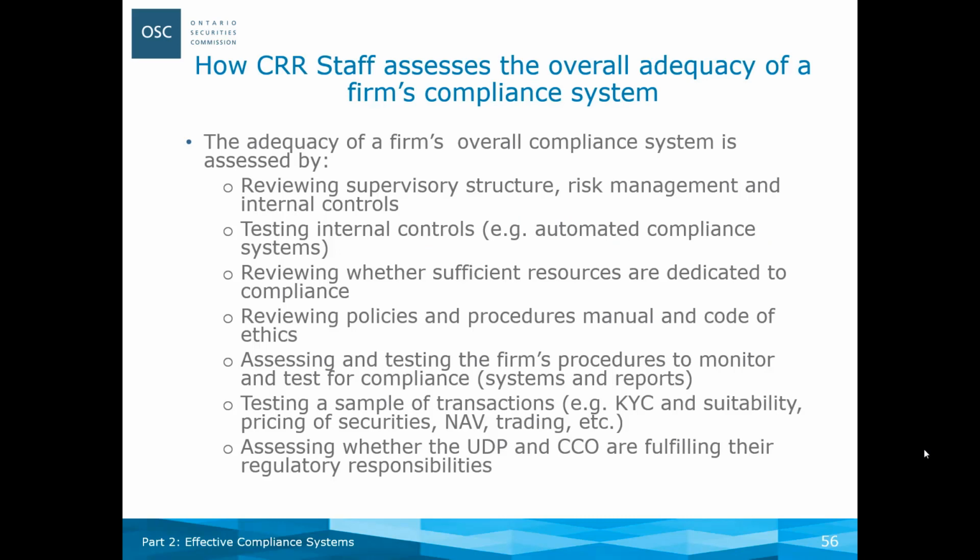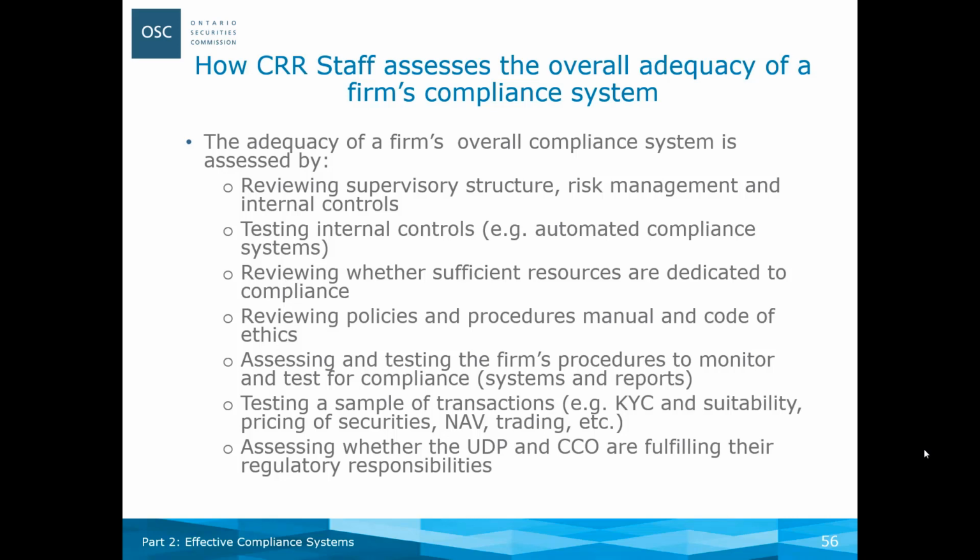So as part of our compliance field reviews, we review and assess the firm's compliance system. This slide lists examples of the steps we may perform when assessing the adequacy of a firm's compliance system. This may include reviewing the firm's supervisory structure, risk management and internal controls, testing the firm's internal controls, such as their automated compliance system, reviewing whether sufficient resources are dedicated to compliance, reviewing the firm's policies and procedures manual and code of ethics, assessing and testing the firm's procedures to monitor and assess compliance.